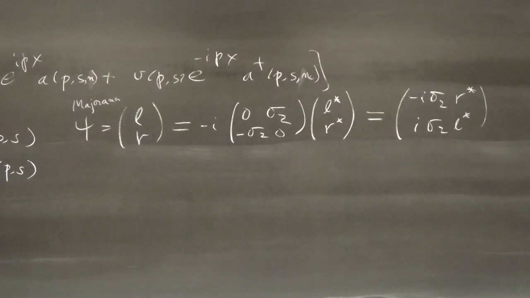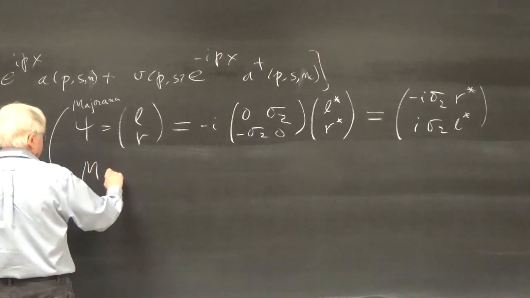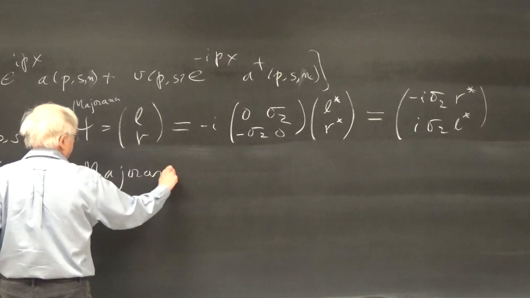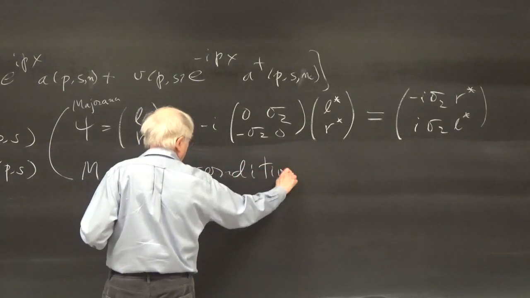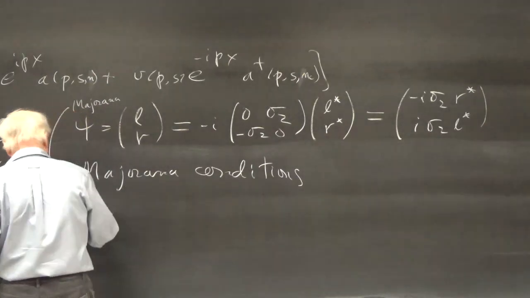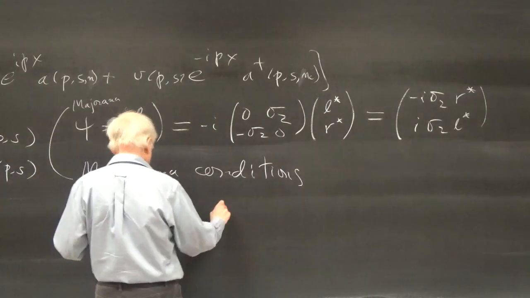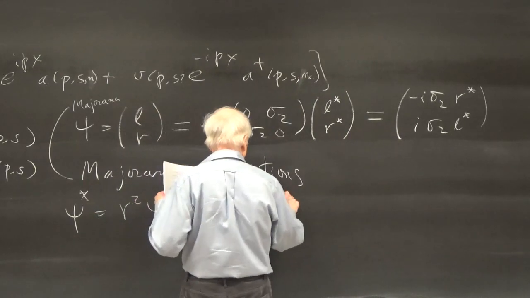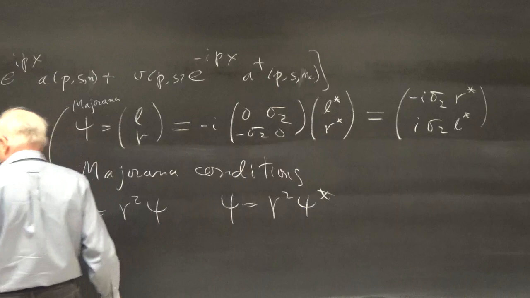In other words, the Majorana conditions are psi star equals gamma 2 psi, and psi is equal to gamma 2 psi star.